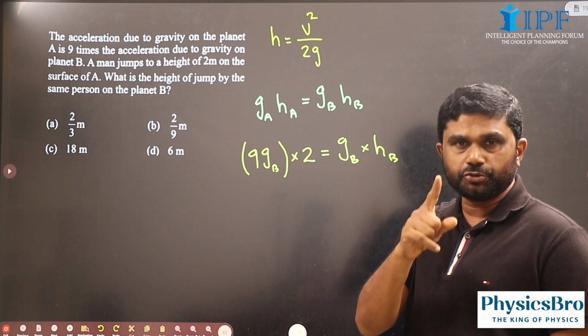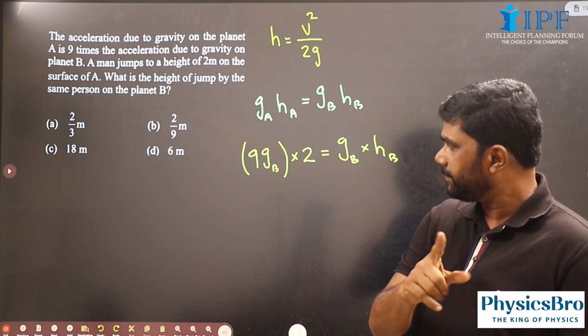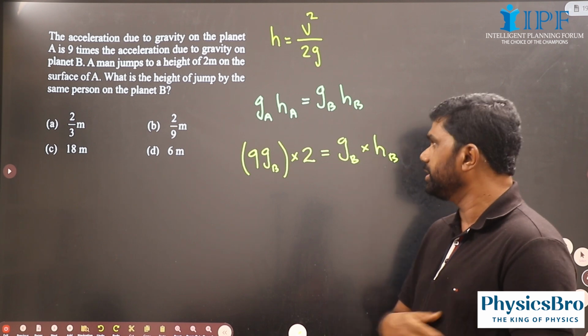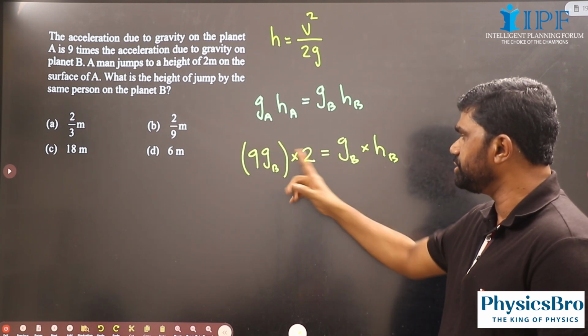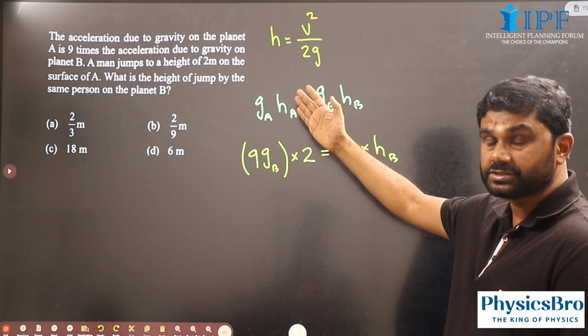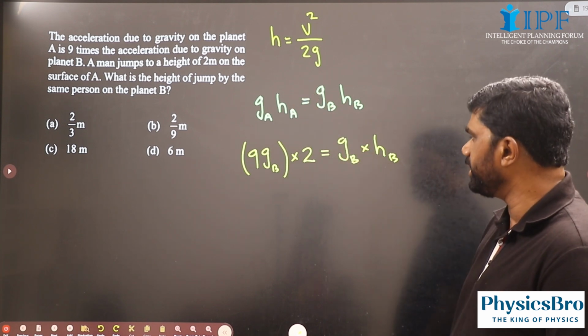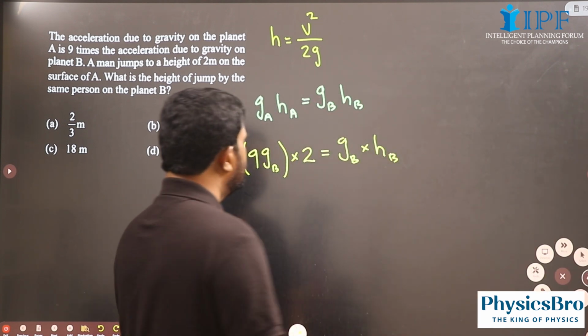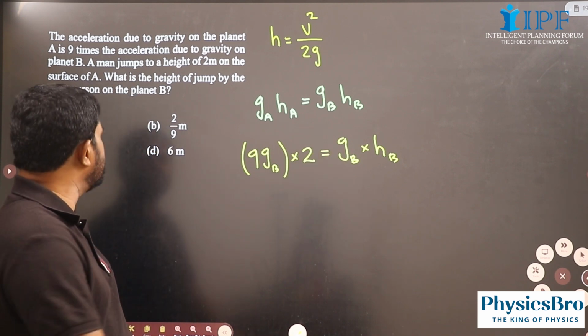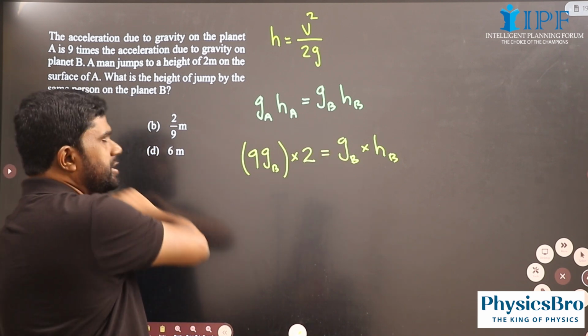The acceleration due to gravity on the surface of A is 9 times that on the surface of B, so gA I can write as 9 gB. hA, the height on the surface of planet A, is given as 2 meter. Then gB will be gB itself, and hB we will get 18. So hB equal to 18 meter.